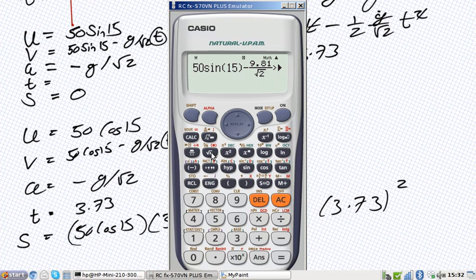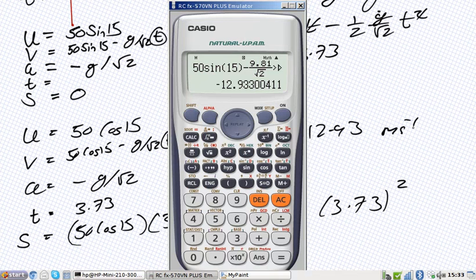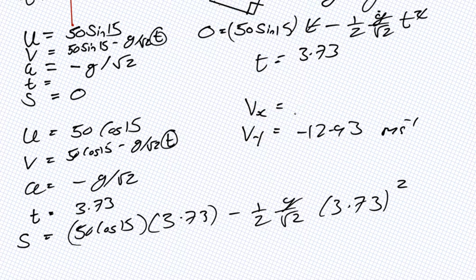This is Vy, which should be a negative, and it is, minus 12.93. And then Vx, the only difference is that this is a cos: 22.42. It's still heading to the right, positive 22.42 meters per second.